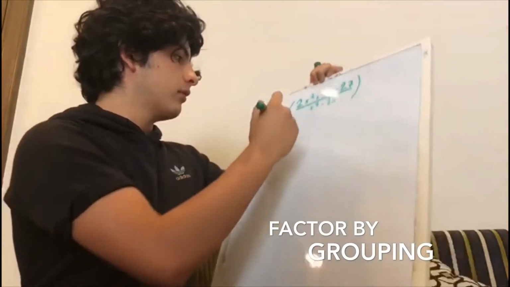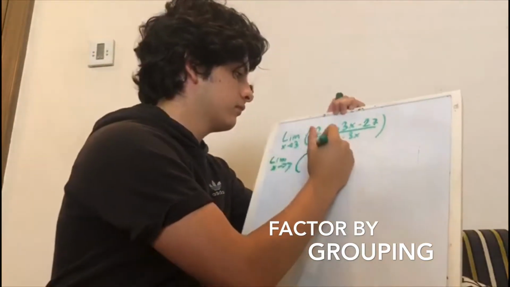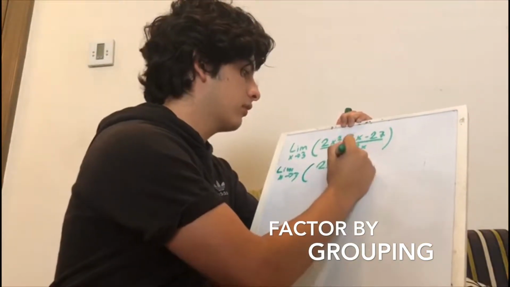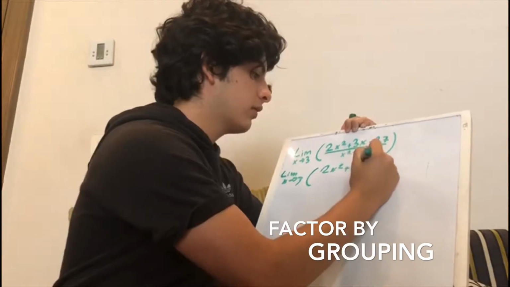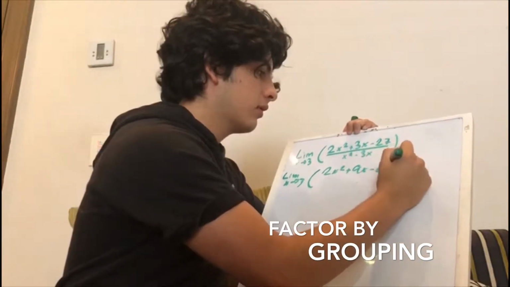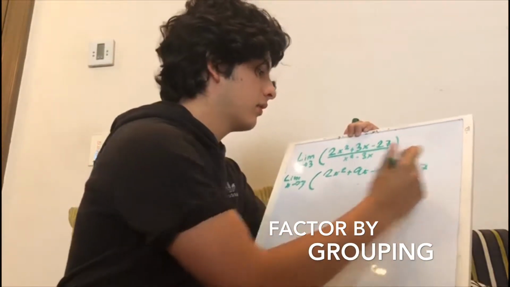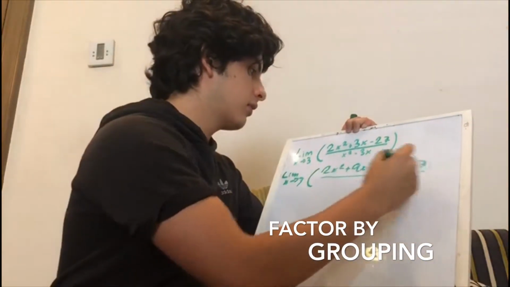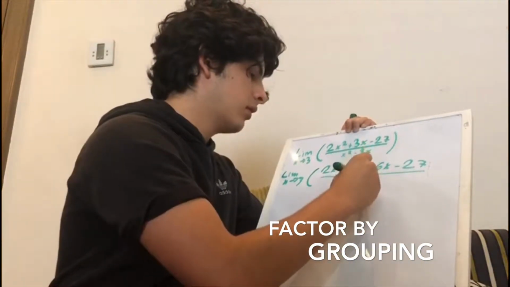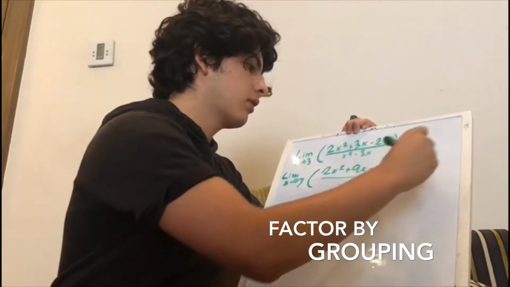So first we're going to write 2x squared plus 9x minus 6x minus 27, over x squared minus 3x.